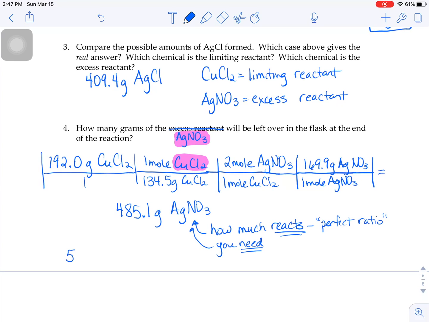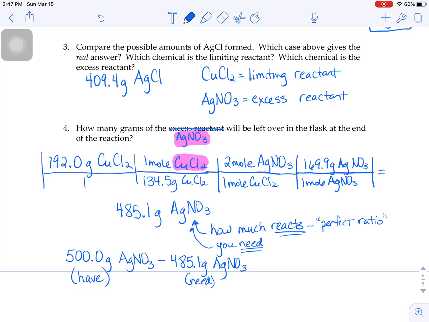So to find out how much you have left over, you're going to take how much you have, which they'll tell you in the problem, that you have 500 grams of silver nitrate, and we're going to subtract out how much of that silver nitrate you actually need.